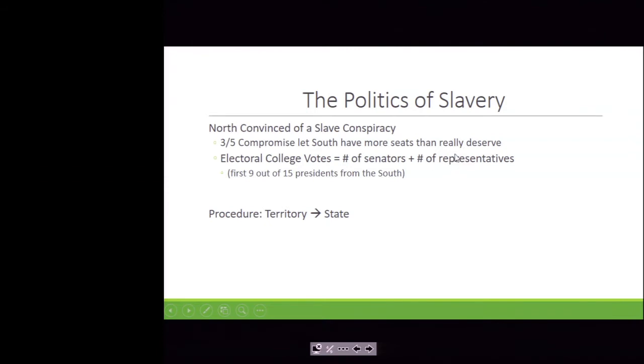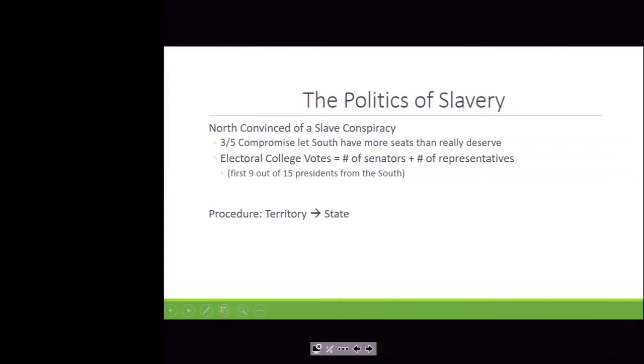So if Southern states have more representatives than they really deserve, then they have more Electoral College votes than they really deserve. And Northern agitators are able to point to the fact that the first 9 out of the 15 presidents are from the South, mostly Virginia, a major slave state. So the North becomes convinced of a slave conspiracy.